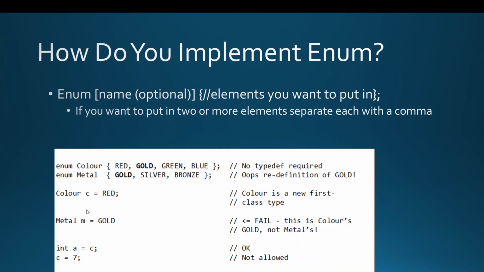If you have two enums with the same element name, you're going to be prone to error if you're trying to make an enum variable and assign it to one of the elements that relates to another enum. It's really confusing, but if you think about it a little, you'll understand.